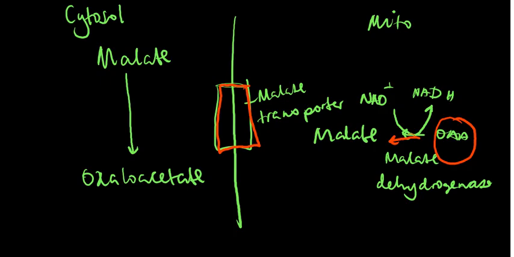When malate is able to go through, malate is immediately reoxidized, meaning that the hydrogen that was removed is now brought back. We have NADH. So there's reoxidation and oxaloacetate is formed in the cytosol. So this is what happens.